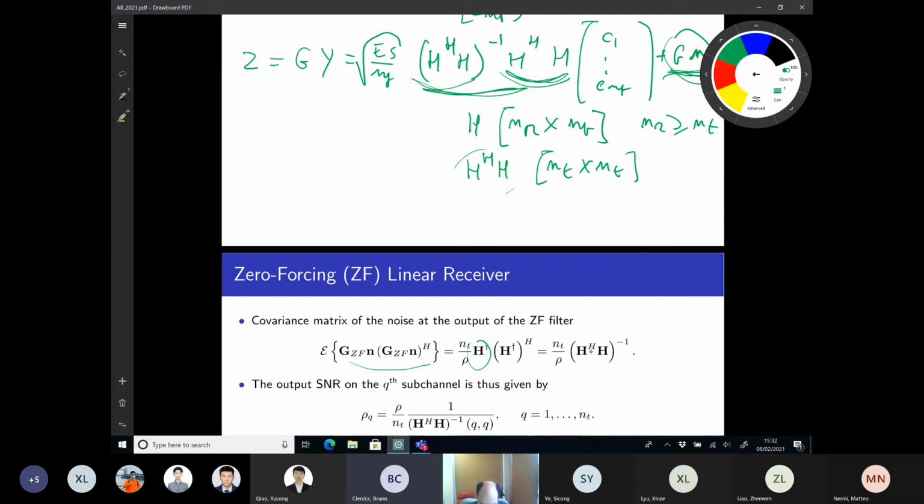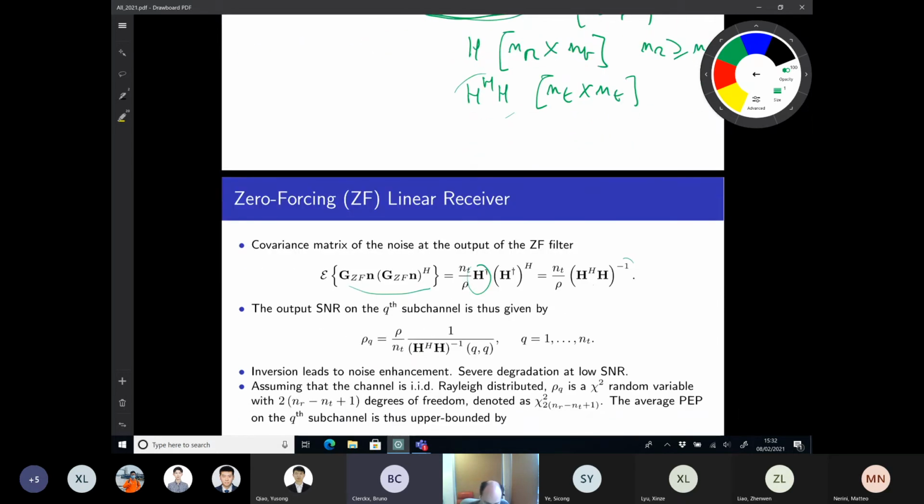So that means that, that's the covariance matrix. The power of the noise is the diagonal entries of that covariance matrix, and because of the -1 here, if those eigenvalues are small, the noise can be quite big.